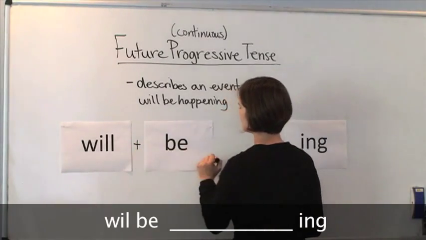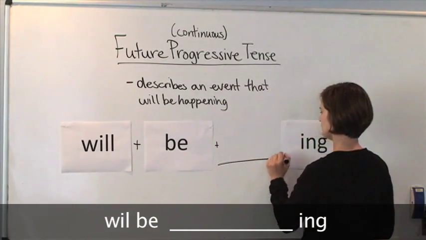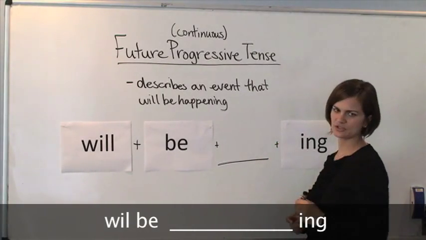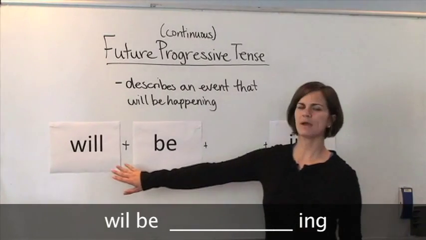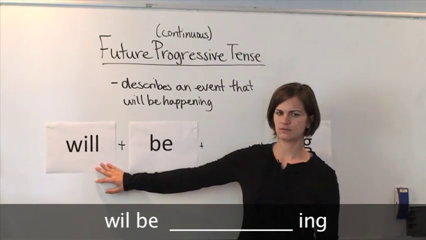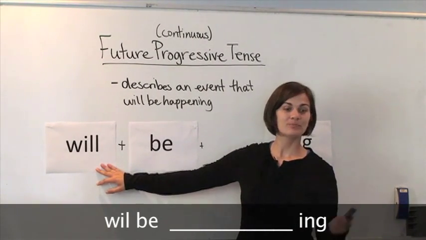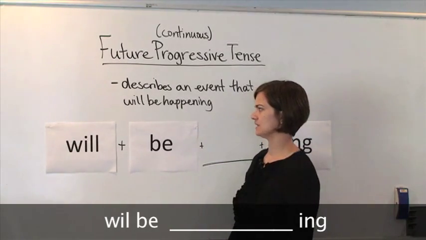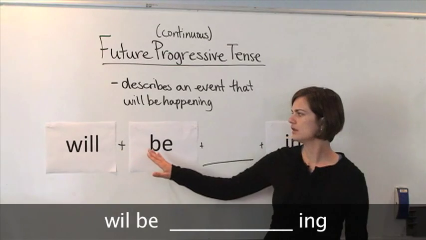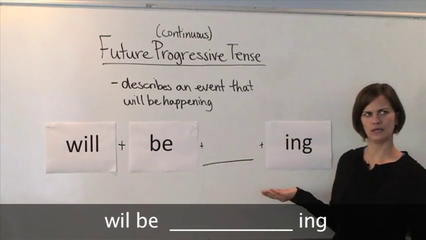Will plus be plus our verb, and we add ing to our verb. So this is how we form it. Why am I using will? Because it's future tense. It's something that will happen. That's very good.